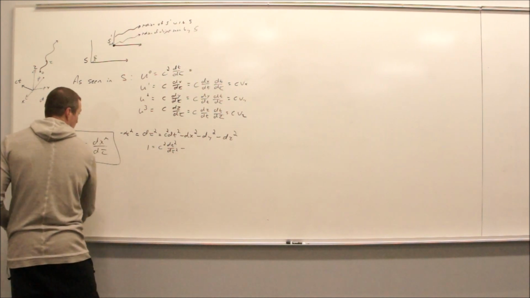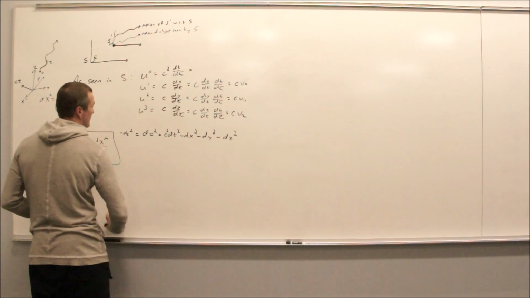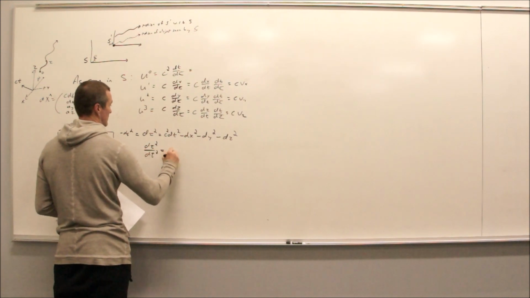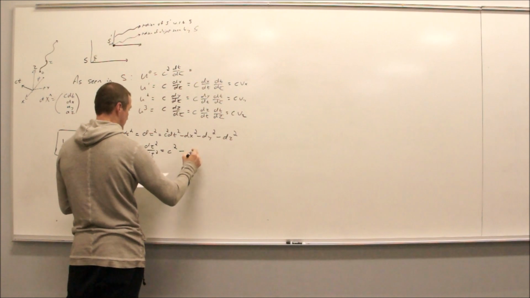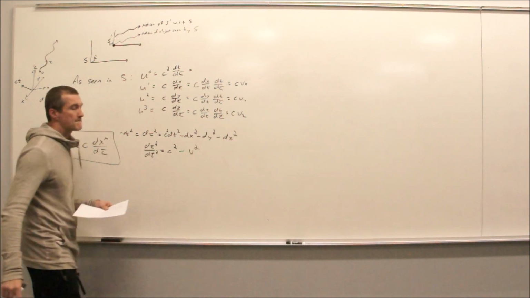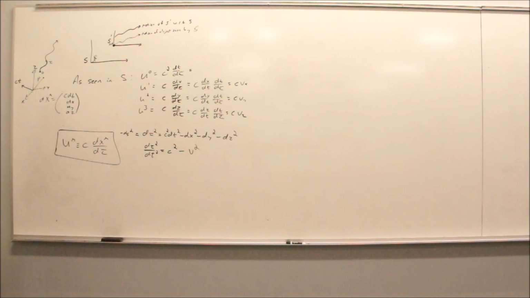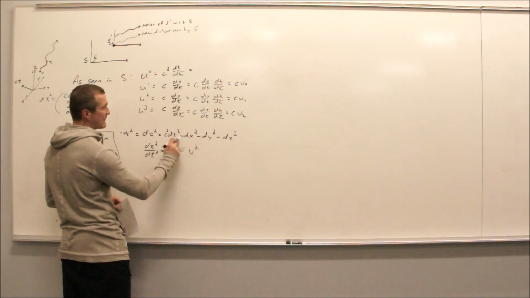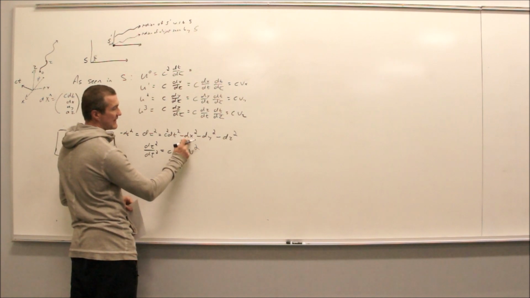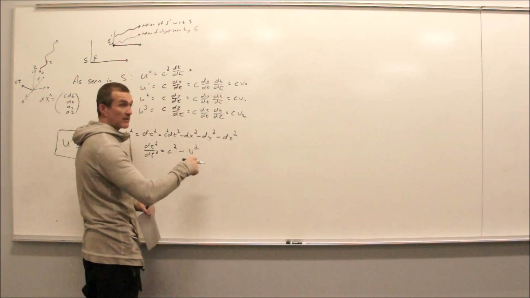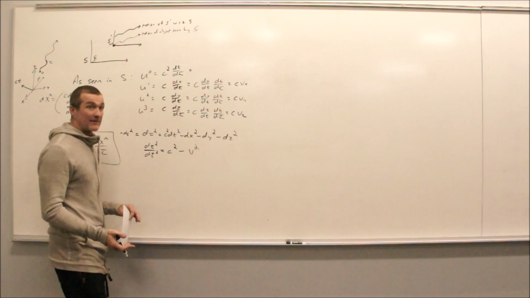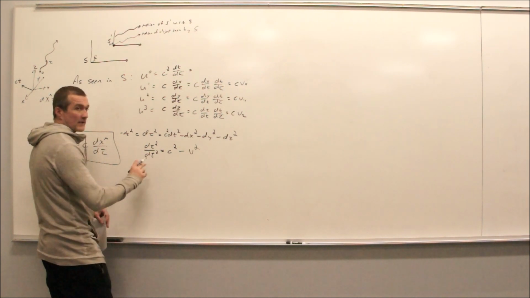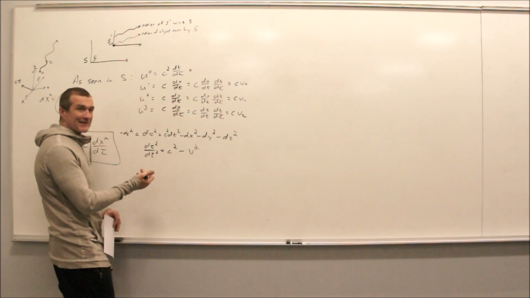Oh, shoot, sorry. Nope, I don't know that. Right, I'm dividing everything by dt squared, but I have dx squared plus dy squared plus dz squared divided by dt squared. That's the speed squared. Okay? Well, now I just flip this over and take the square root to get dt d tau.